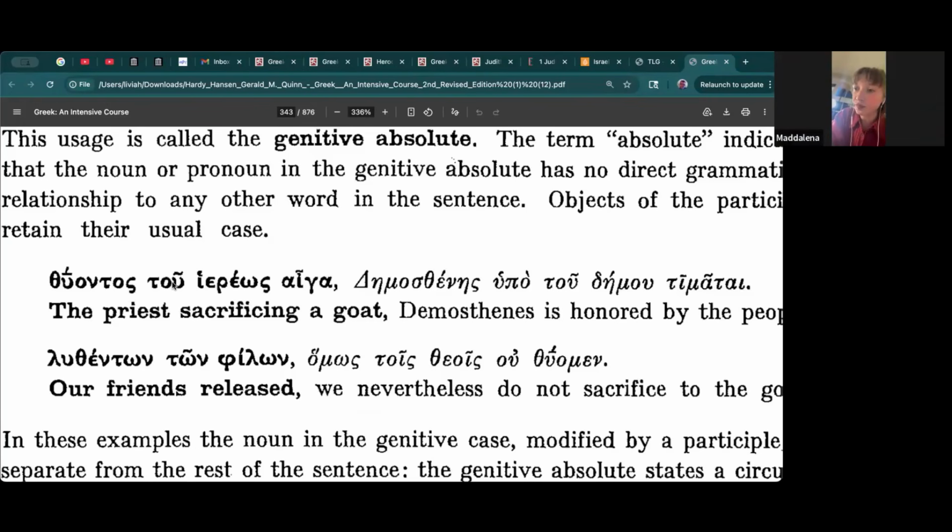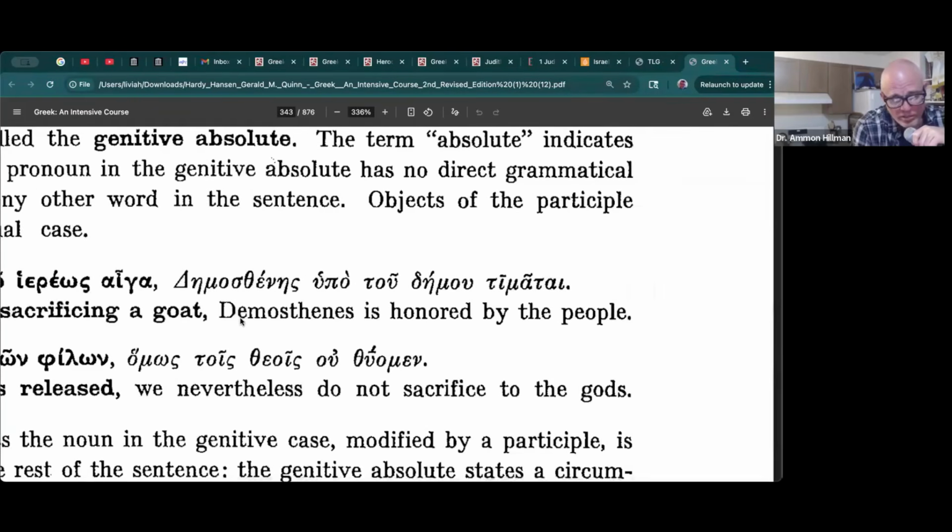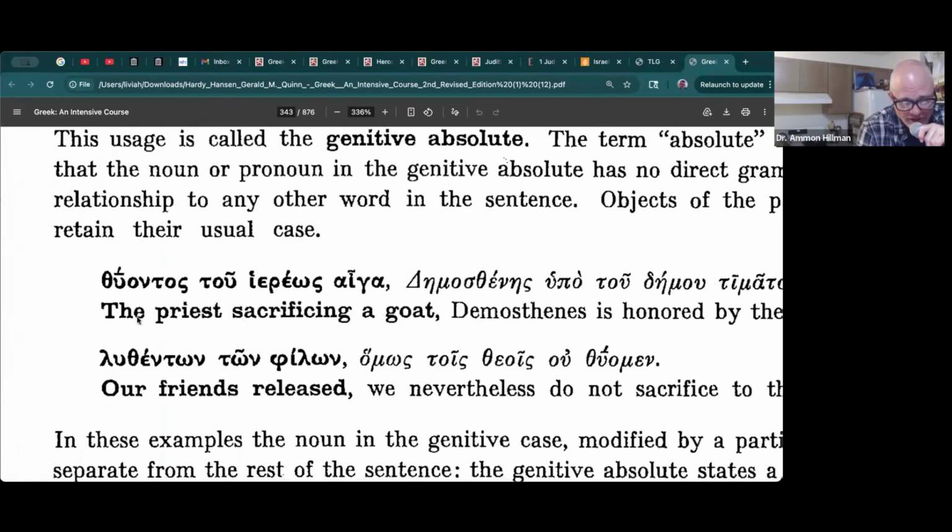Tou hiereos, that is as well. So this is a priest in the genitive, and there is sacrificing: the priest sacrificing the goat. And then we get the main clause, Demosthenes hupo tou demou timatai. Demosthenes is honored by the people.